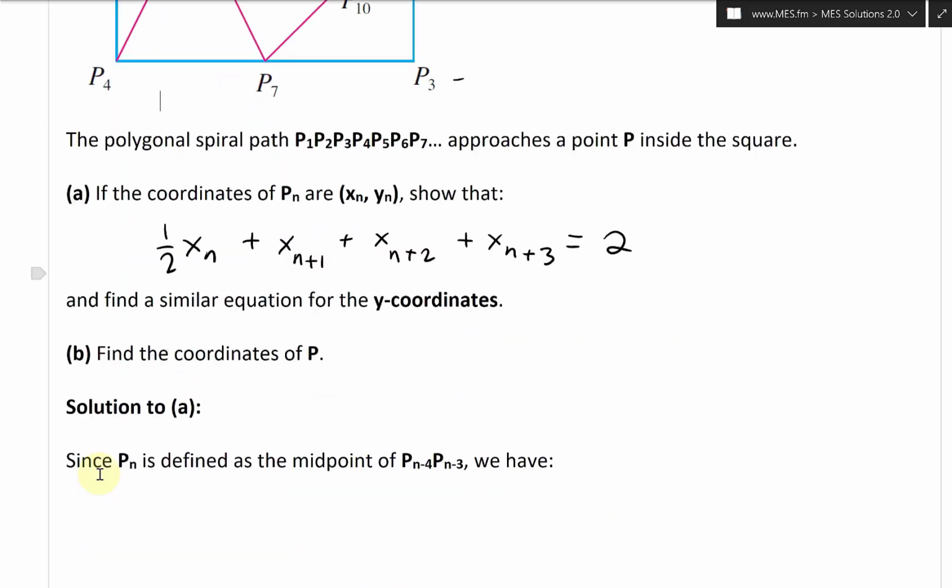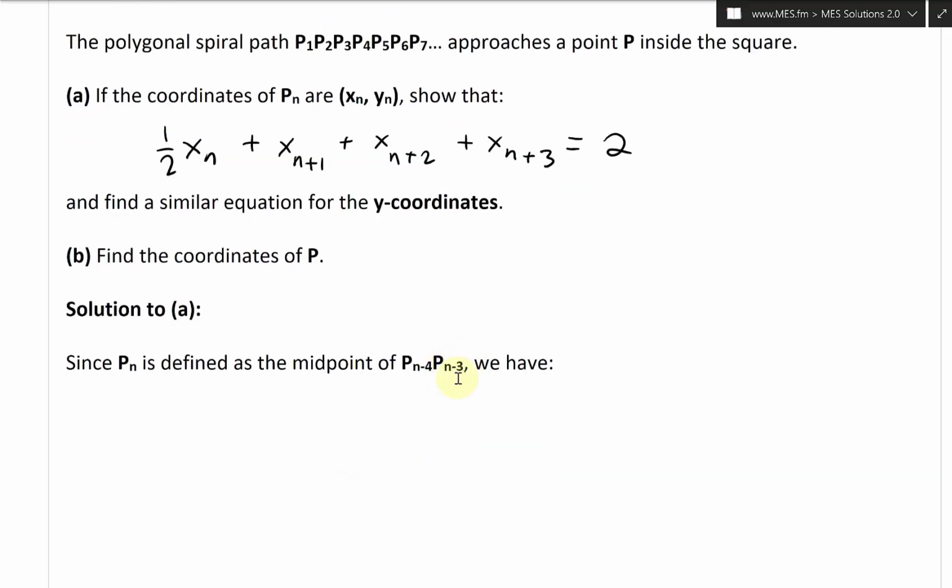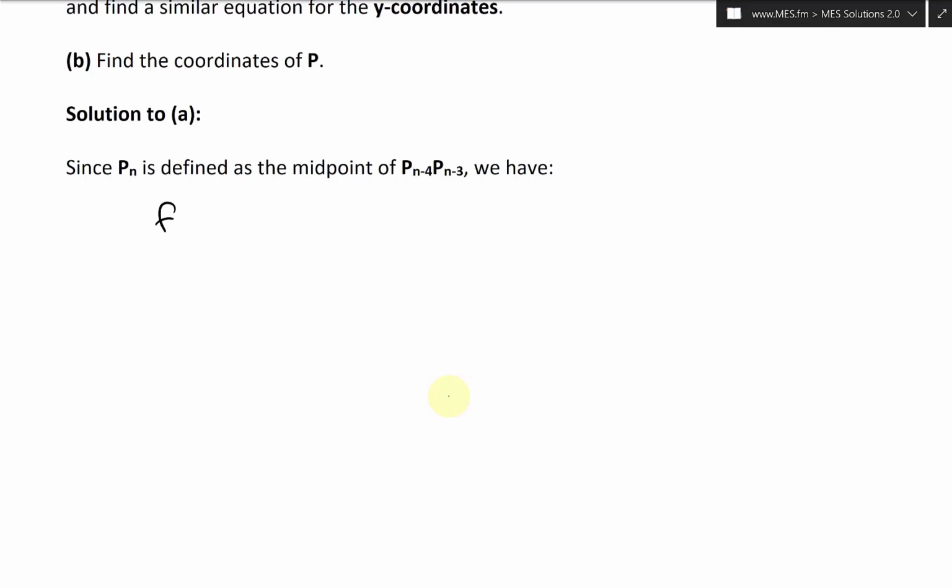Yes, so we have Pn defined as the midpoint of P(n-4) and P(n-3). For n equals 5, we get P(5-4) and P(5-3), which is P1 and P2, and it keeps going on for the others.